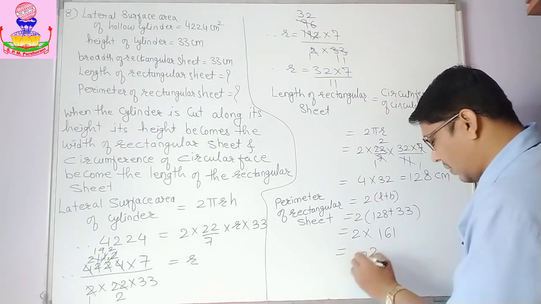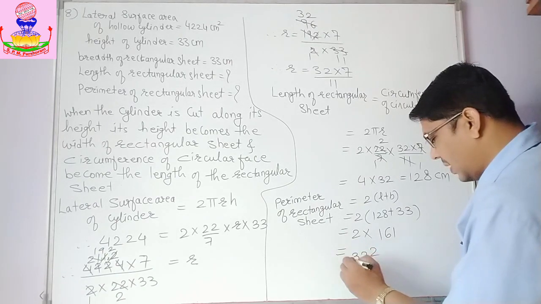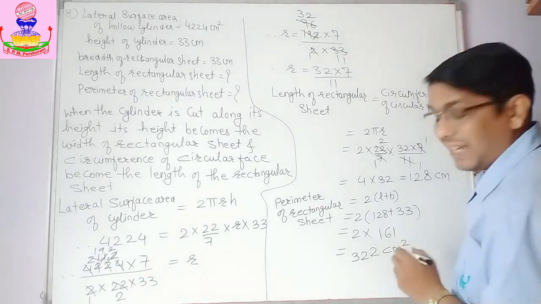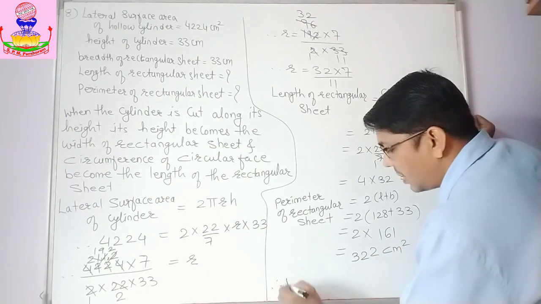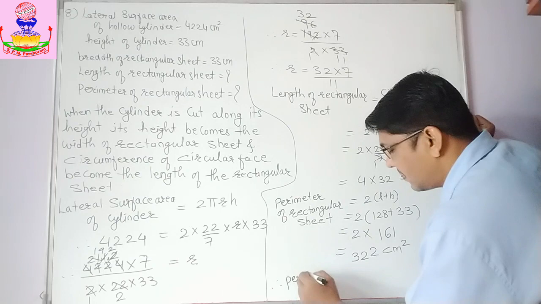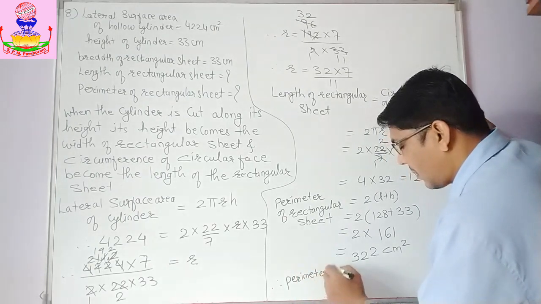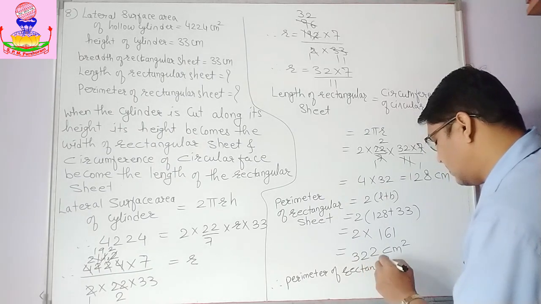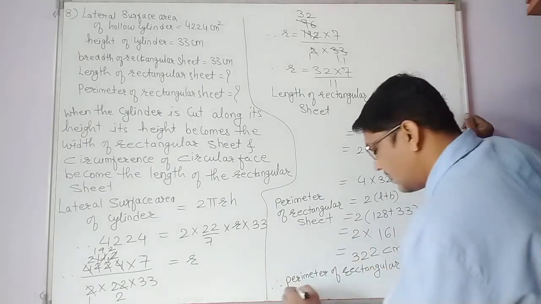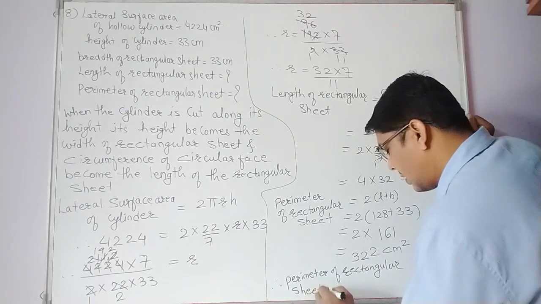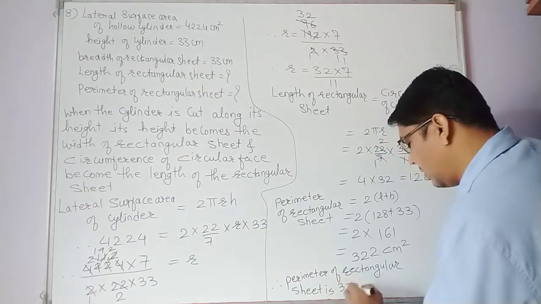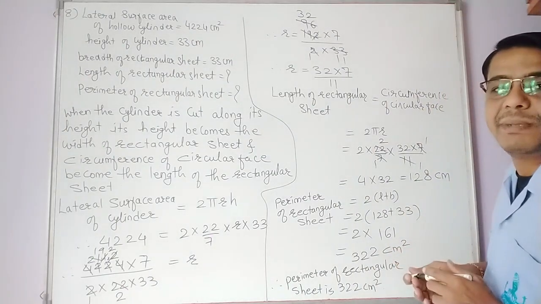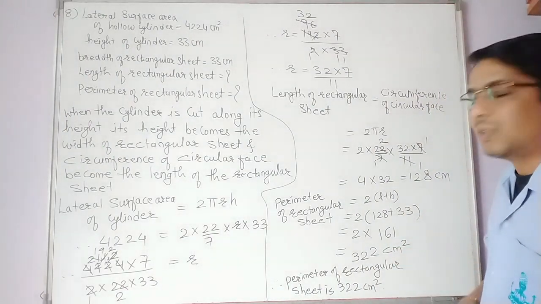So 2 ones are 2, 6 twos are 12. 2 ones are 2 plus 1, 3. 322 centimeter square. So therefore perimeter of rectangular sheet is 322 square centimeters.